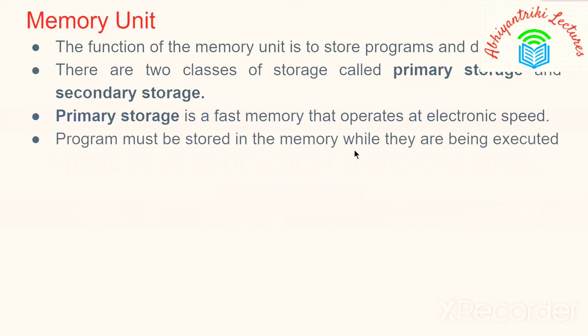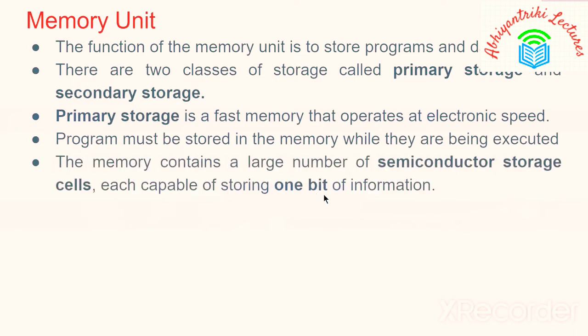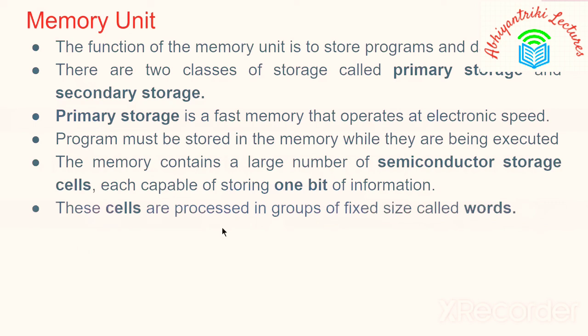The memory contains a large number of semiconductor storage cells. This entire memory unit, the RAM, is made up of semiconductor storage cells. Each semiconductor storage cell can store only one bit of information. If the computer is 16-bit or 64-bit, then we require that many semiconductor storage cells, because each cell can store only one bit. These cells are processed in groups of fixed size called words.